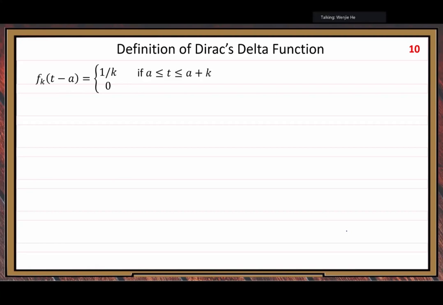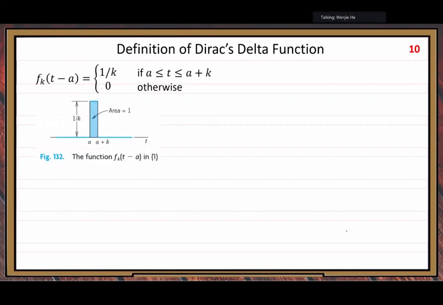Here, this function is non-zero in this interval, from a to a plus k. So there is a box. If we draw the graph, it's like this. There is a box, a bar.